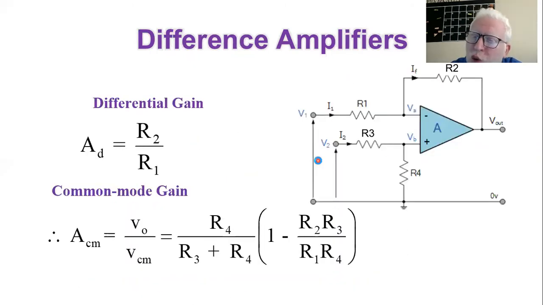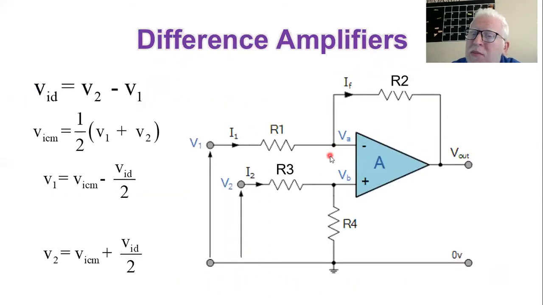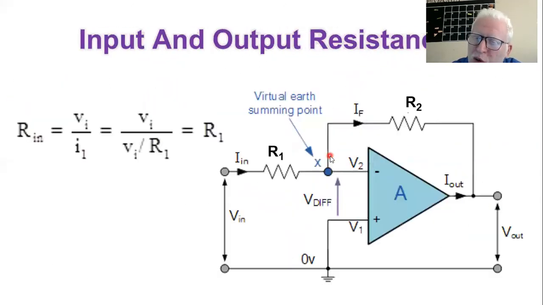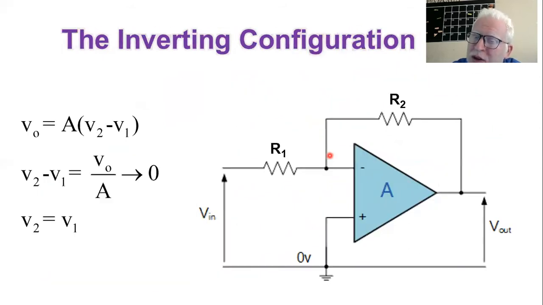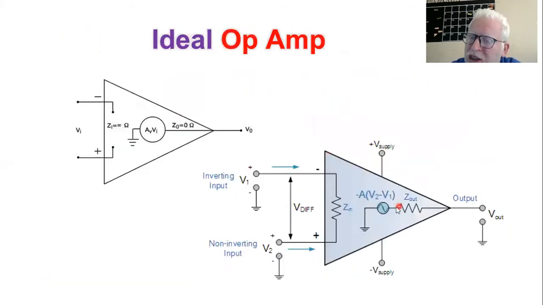However, without all these circuits, we can demonstrate the same behavior using the open loop configuration. In the open loop configuration, we have V output equals A times V2 minus V1, which is typically the same as what we reached in the difference amplifier, where instead of the open loop gain A, we have the differential gain, which is R2 over R1.